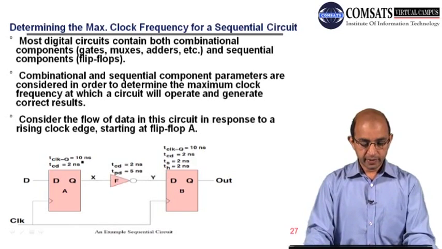The propagation delay for this flip-flop is 10 nanoseconds, then 2 nanoseconds, 2 nanoseconds. This is the CD, and the PD is 5 nanoseconds. Here we have a lot of different parameters, including the setup time and the hold time, because here we have the output, so we have TS and TH over here.